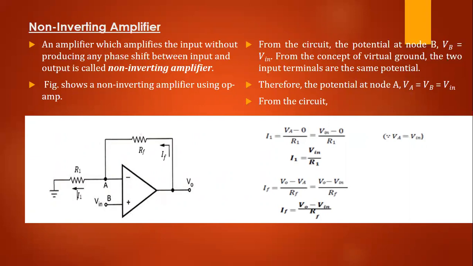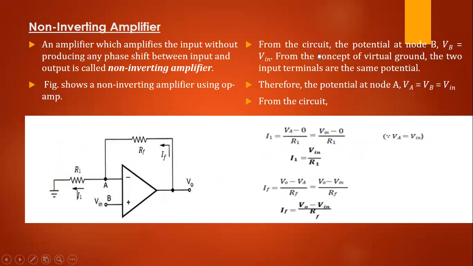So here in this case, we are applying the input to the non-inverting input terminal. Now, let us find out the relation between the output and the input in terms of feedback resistor RF and R1.